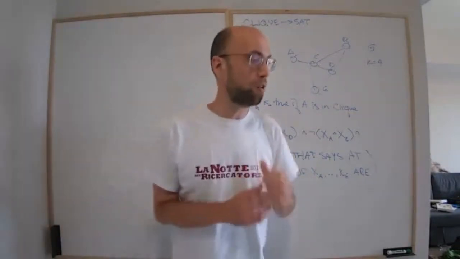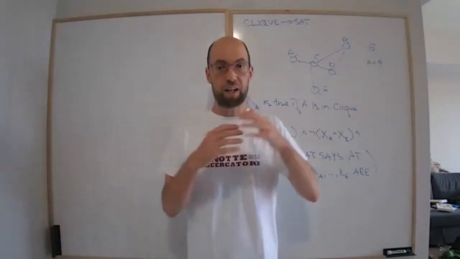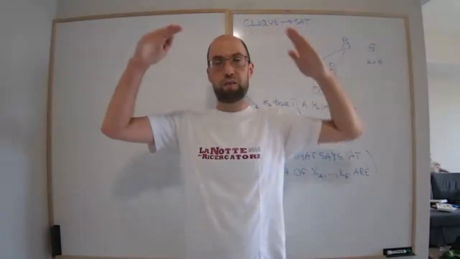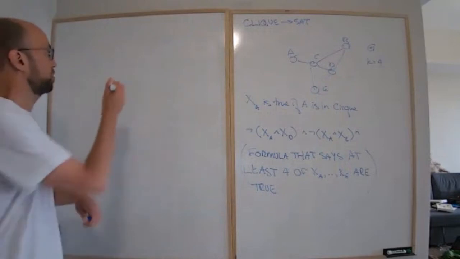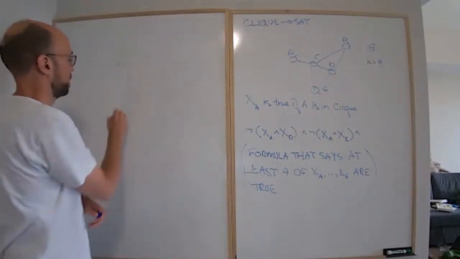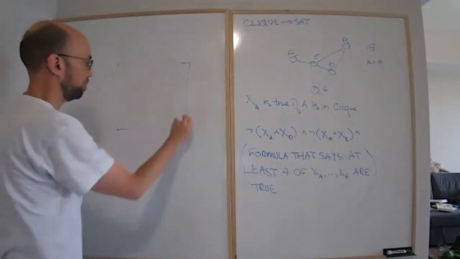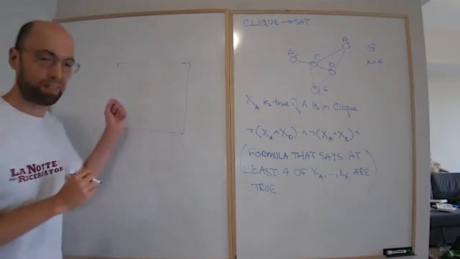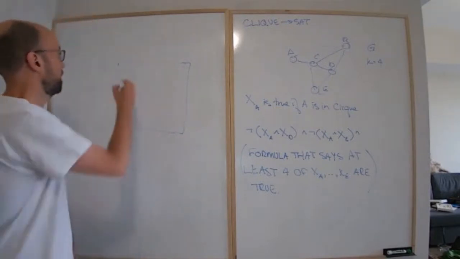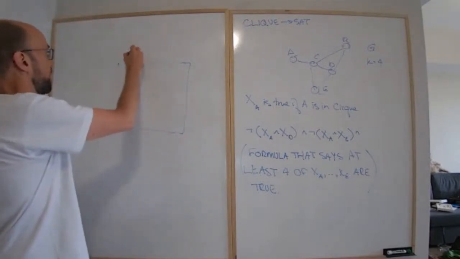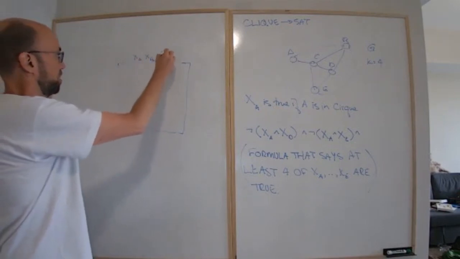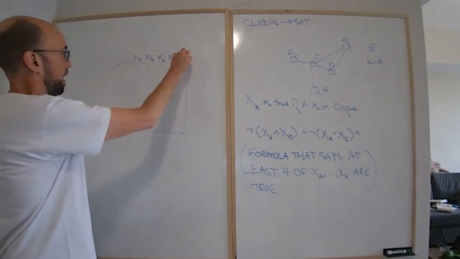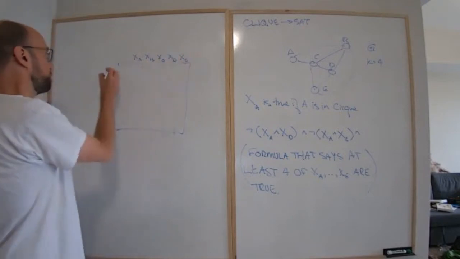What you would do is say, okay, well, I'm going to have sort of a grid of variables. Okay, let's go through this. So let's consider it like dynamic programming. So this is going to be XA, XB, XC, XD, XE.